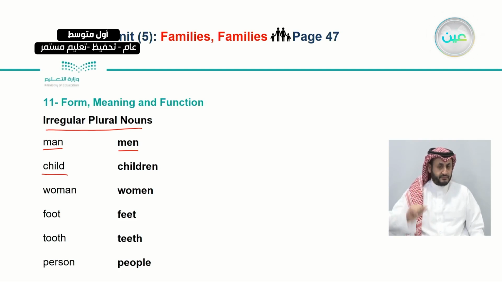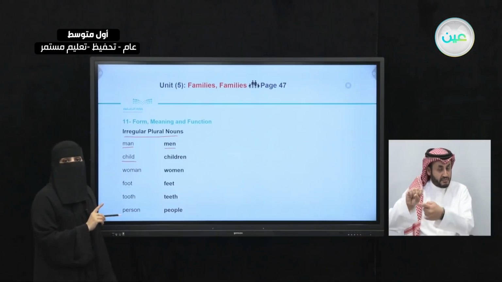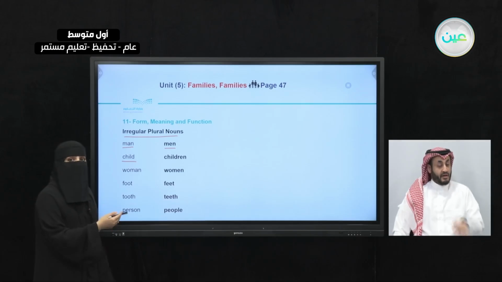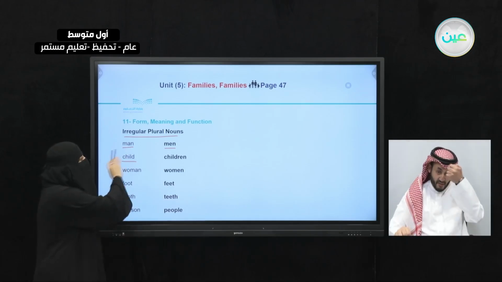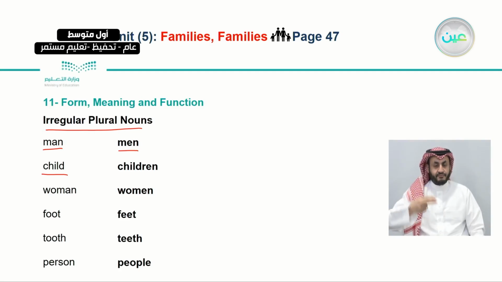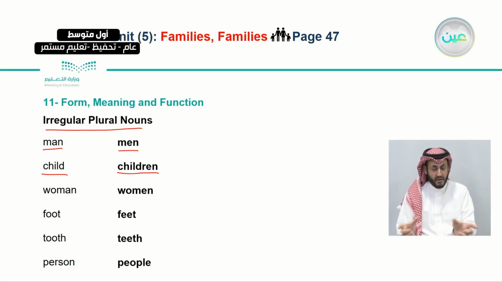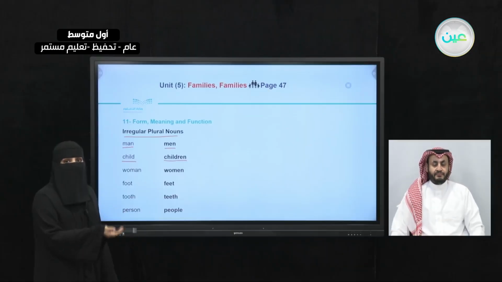One child. Do I say 3 or 4 childs? No, not at all. It's an irregular plural noun, so the entire word changes into a new, different form. Children. Child, children. 2 children, 3 children, and so on.